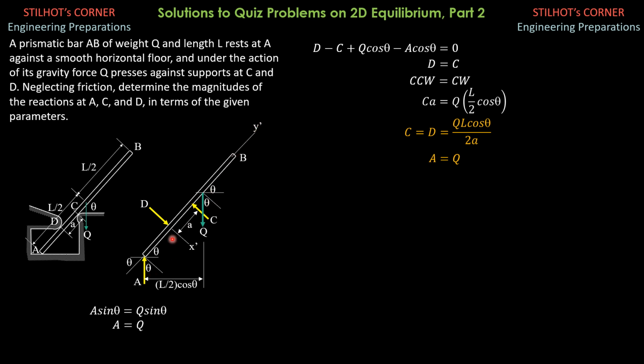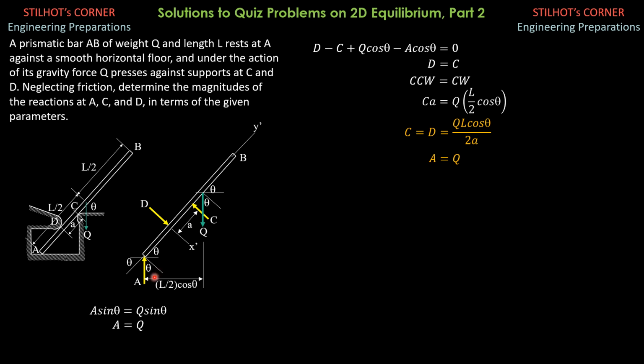Summation of forces along the y prime axis equals 0. The component of A in that upward direction, since this is also theta, is the one opposite theta, so that is A sine theta.